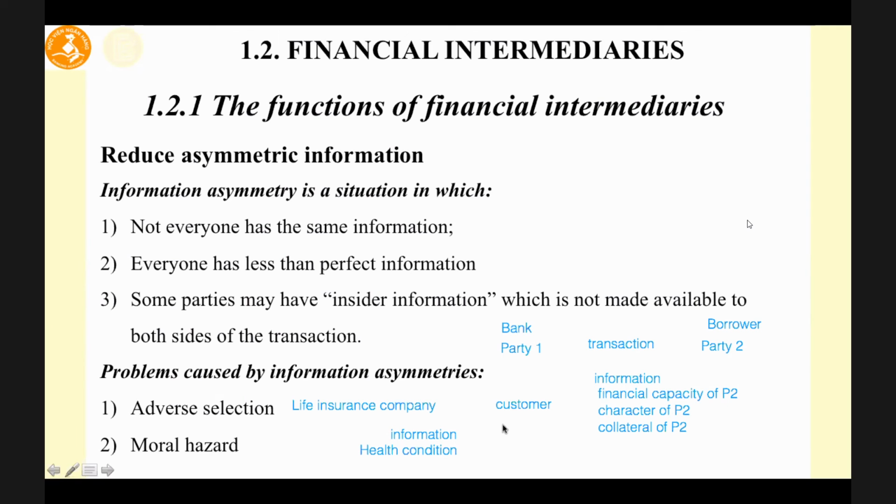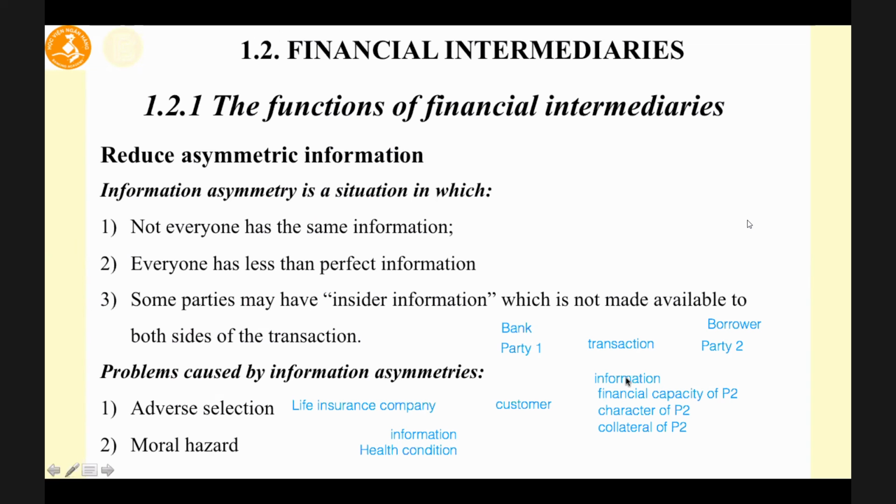So I would like to emphasize that information asymmetry is a situation in which we have three cases, and the information here is only the information related to the transaction, not all the information about one party.